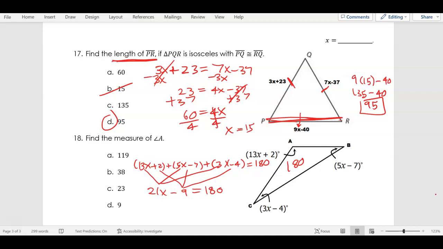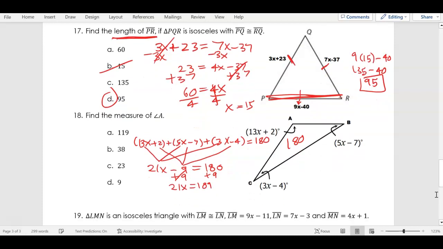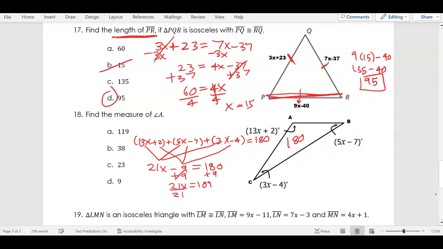And then to get rid of that loner, minus 9, we add 9 to both sides. 21x equals 189. And then to get rid of that 21, we divide by 21. And that's going to give us, holy moly, 9.